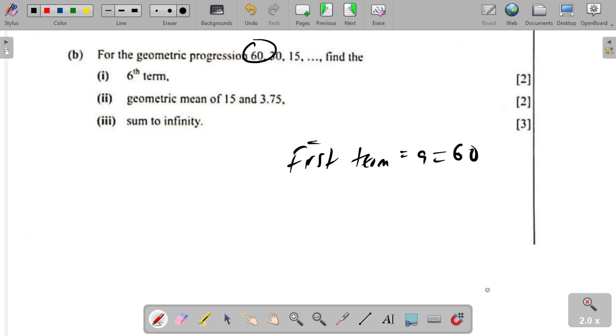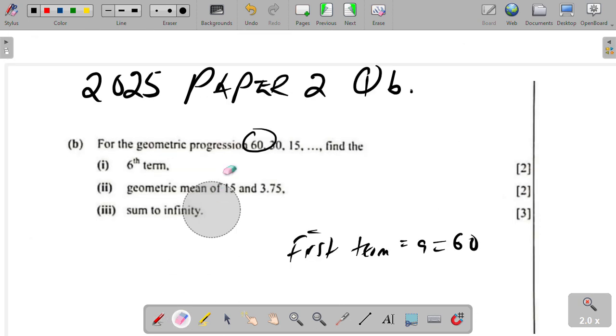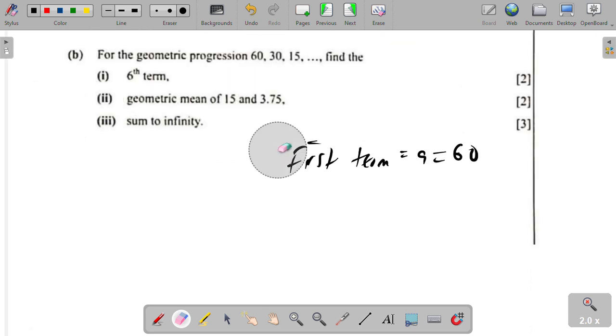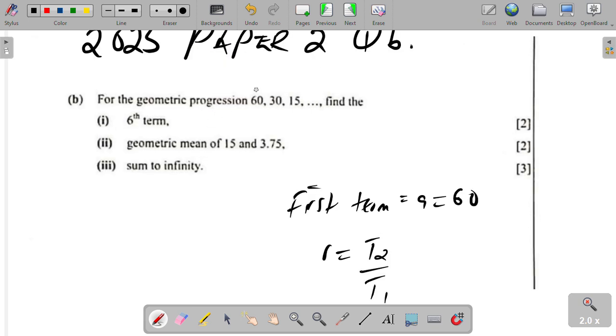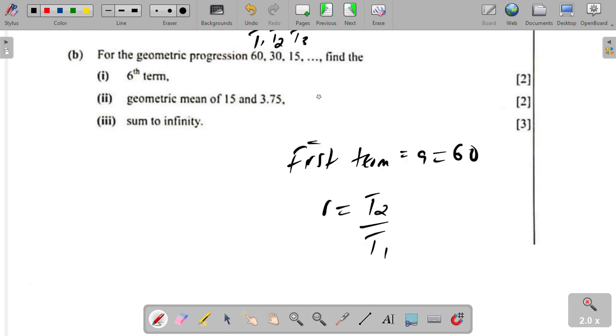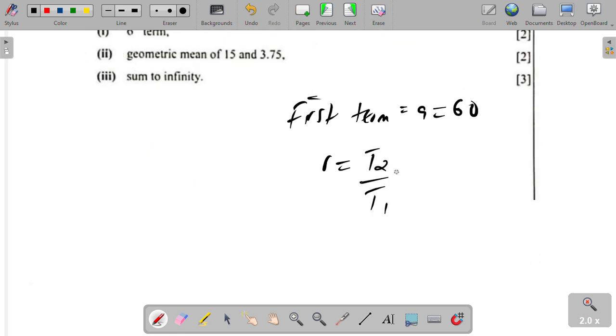And to find the ratio, we use this formula, ratio is T2 over T1. So this here is T1, T2, then T3.